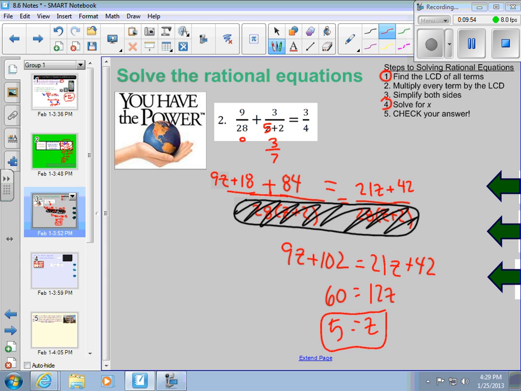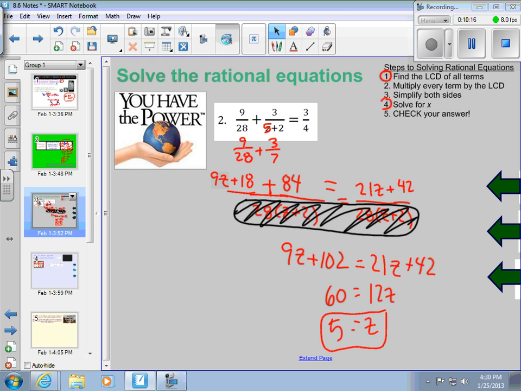So if we add 9 over 28 plus 3 over 7, we want to check, does it equal 3/4? If we go on a calculator and check that, we do, in fact, if you add those up, get the answer of 3/4. So yes, this one does check out.